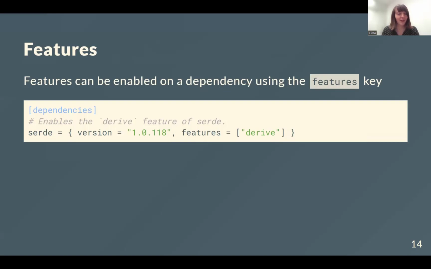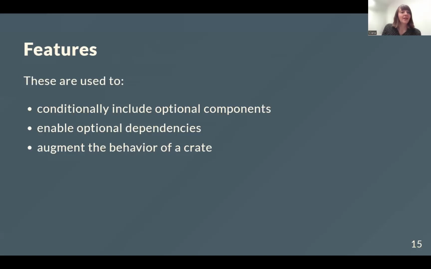So in this case, we're pulling in serde, but we're also pulling in the derive feature of serde, which allows us to automatically derive serde implementations. So these features are used to conditionally include optional components, enable optional dependencies, and augment the behavior of the crate.